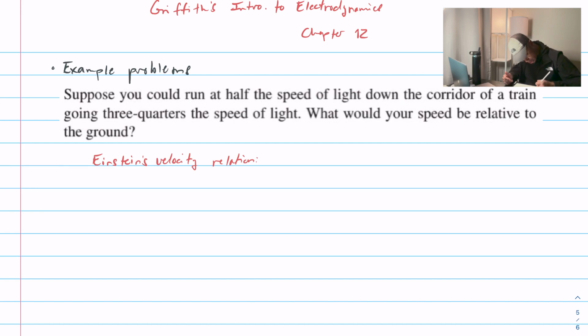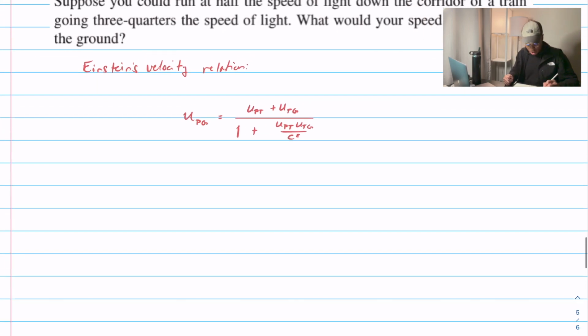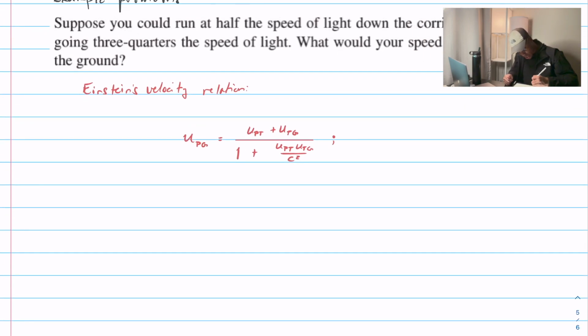So we know that the velocity of this person with respect to the ground is going to be equal to the velocity of the person with respect to the train plus the speed of the train with respect to the ground, over 1 plus u_person/train times u_train/ground over c squared. Now what they're telling us is that you're running at half the speed of light down the corridor of this moving train.